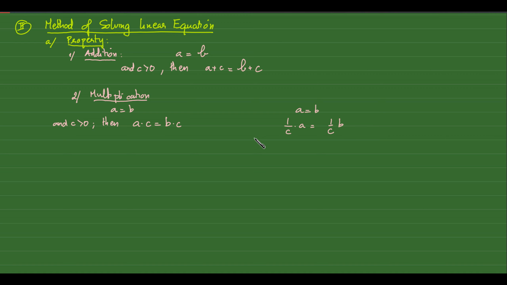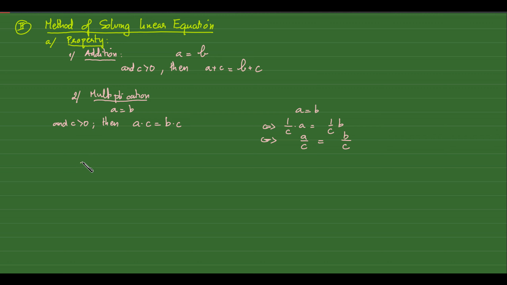The equivalent statement is A over C equals B over C. This is the property we use so many times. Remember when we said multiply both sides by a number, or divide both sides by a number, to get the x? That's where you apply this multiplication property.